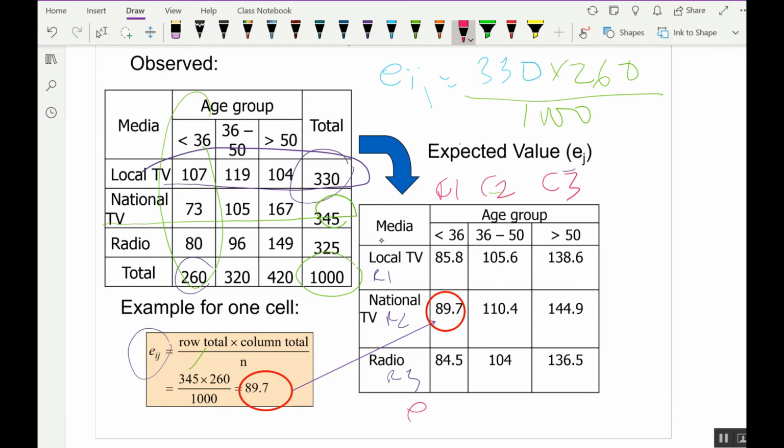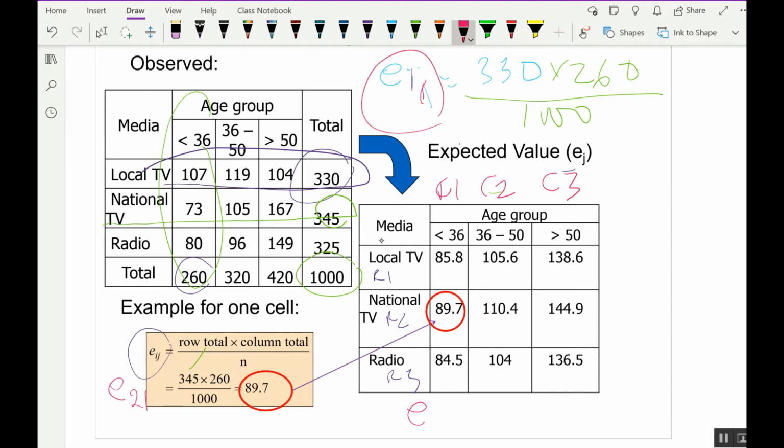If you are calculating for local TV and age group less than 36, that is row 1, column 1, E11. For national TV here, that is row 2, column 1, E21.